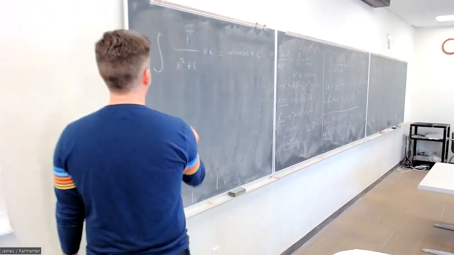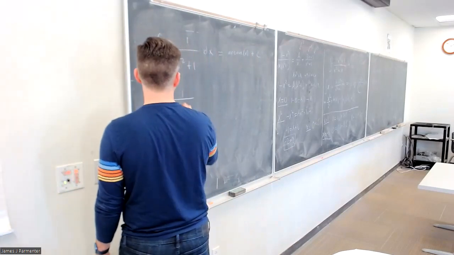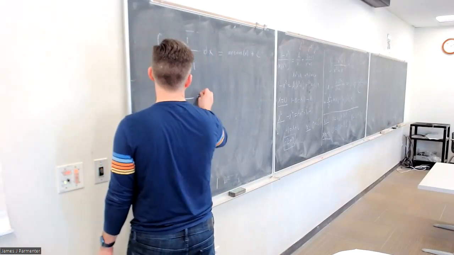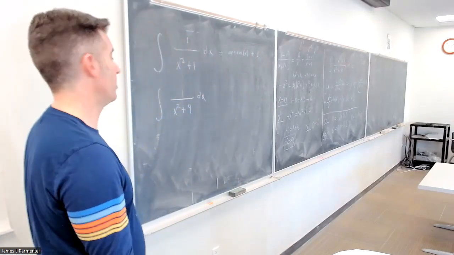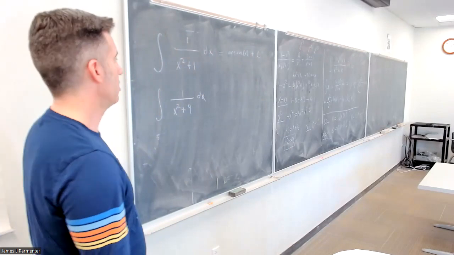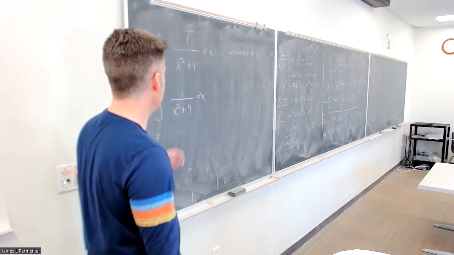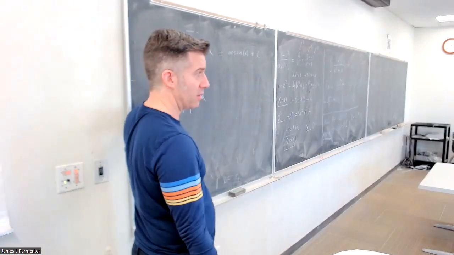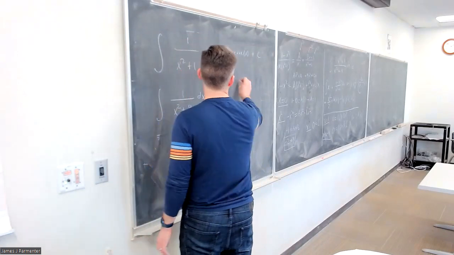If you have something like this, you could do it with a trig sub, but you shouldn't. You can also do it with a u sub, meaning you can make it look like this by factoring out a 9 from the bottom.